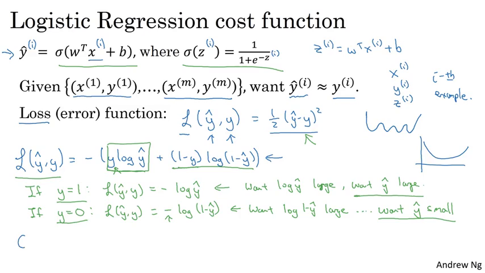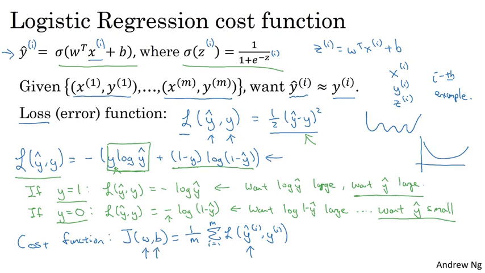I'm now going to define something called the cost function, which measures how well you're doing on the entire training set. So the cost function J, which is applied to your parameters w and b, is going to be the average, really 1 over m, of the sum of the loss function applied to each of the training examples in turn, where here y hat is of course the prediction output by your logistic regression algorithm using a particular set of parameters w and b.